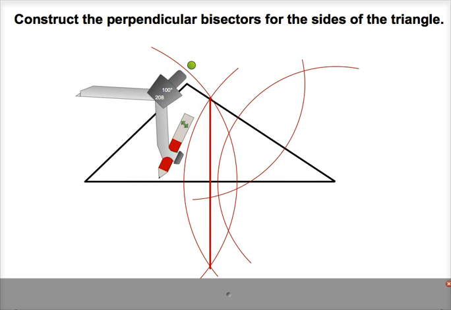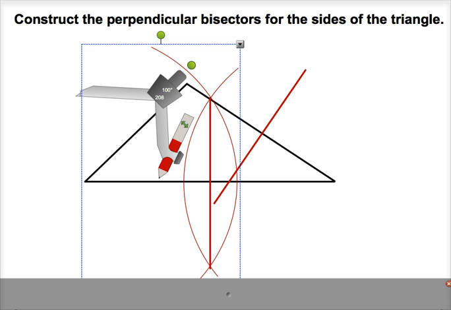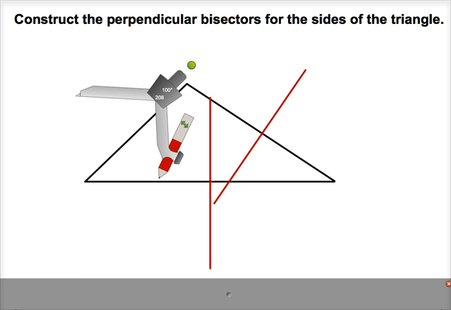And if I connect those together, I get the perpendicular bisector of that side. Since it's starting to get a little cluttered, I'm going to clear out some of these arcs that I was drawing to figure the perpendicular bisectors, just to make it easier to see everything that's left behind. All right, so here are my perpendicular bisectors.